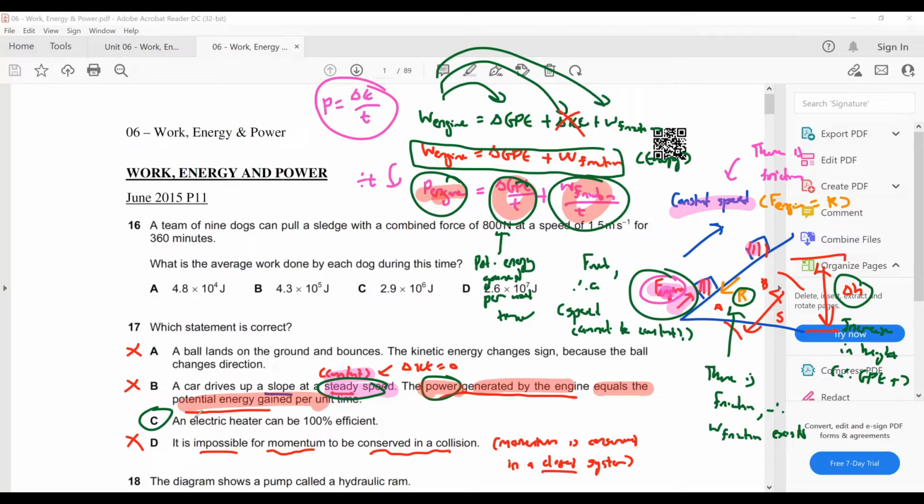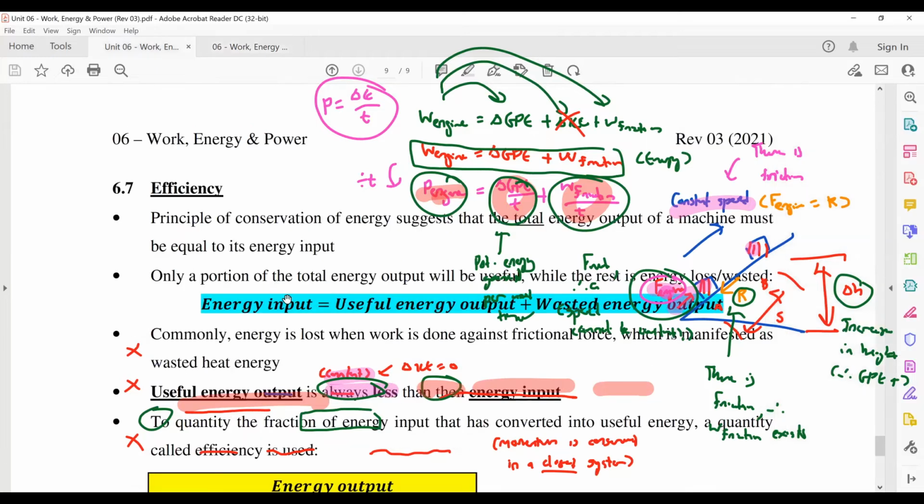Now, an electric heater can be 100% efficient. This is something that is true. In general, we tell you that nothing can be 100% efficient, right? Not necessarily the case all the time. An electric heater can be 100% efficient because remember just now I told you that when you have a machine, a portion of your energy input will be converted to useful energy output, but then part of it will be wasted.